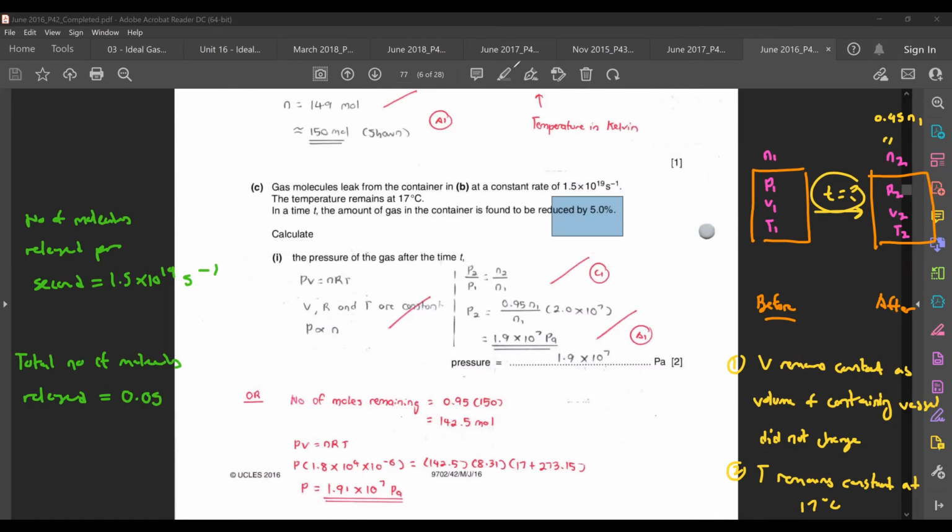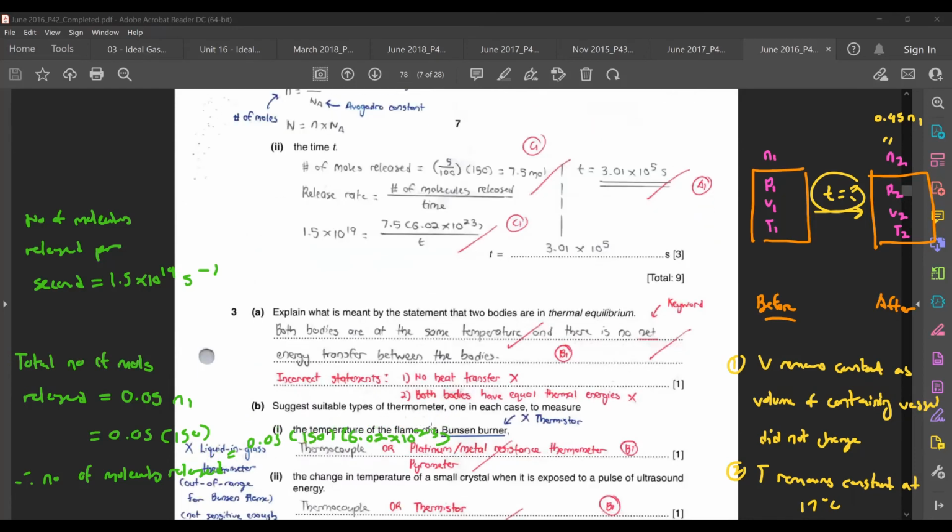Now, maybe I just rewrite this. The total number of moles released is 0.05 N1, which is 0.05 times 150. So therefore, the number of molecules released is going to be 0.05 times 150 times 6.02 times 10 power 23.